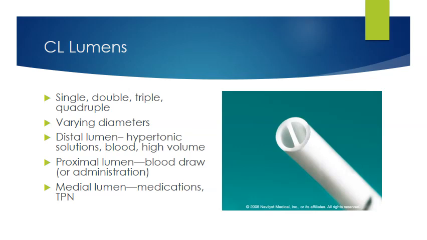But what I want you to know is that the distal lumen we usually use for hypertonic solutions, high volume, a little bit larger, a little bit thicker. The proximal lumen is usually what they use for blood draws or administration if you need to, but usually they'll use the distal for blood administration. And then the medial lumen is what we give our medications through.